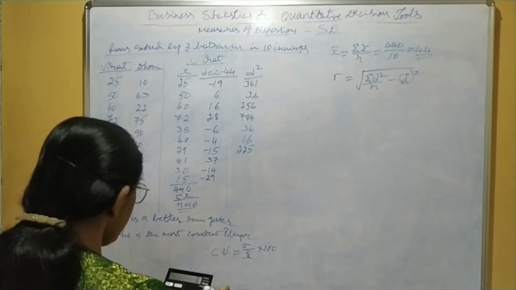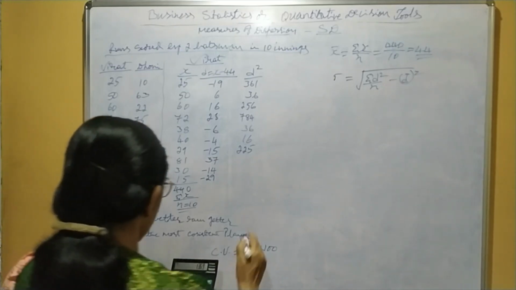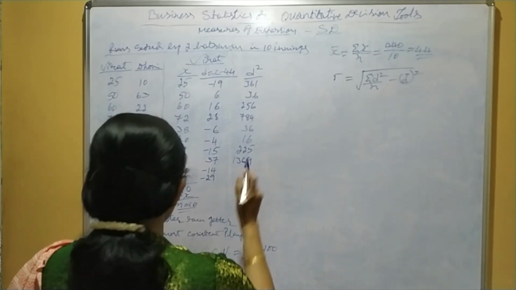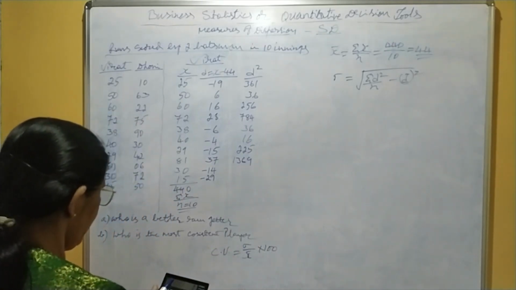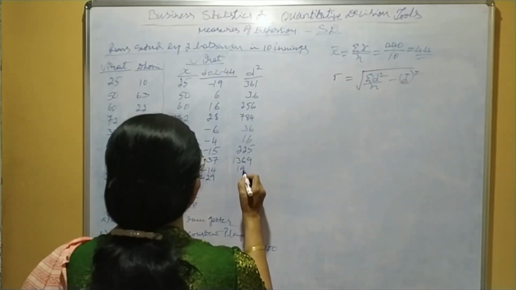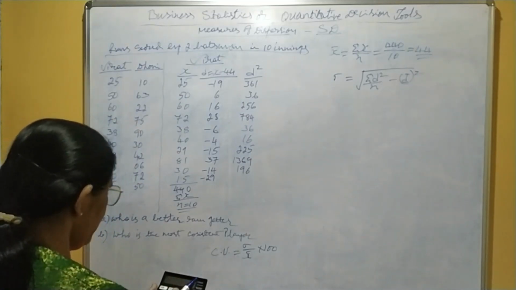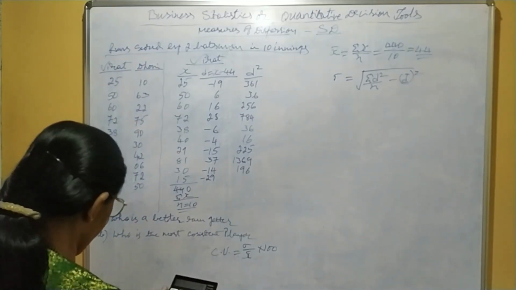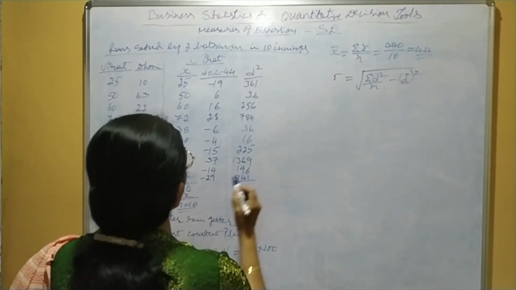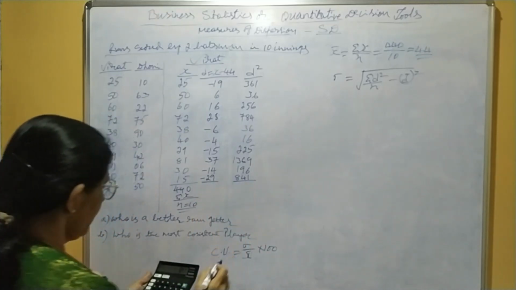Next 37 into 37, 1369. 14 into 14, 196. Next 29 into 29, 841. Now you have to take the total of both the columns.